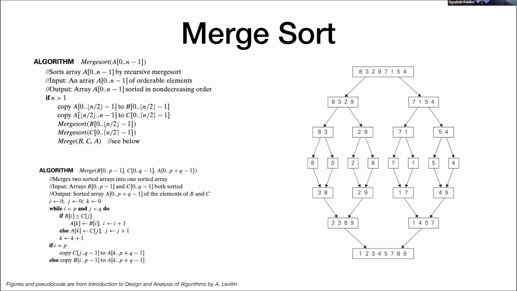Now we will see merge sort and quick sort, and these have time complexity of n log n. And n log n is the optimal time you can obtain with a comparison-based sorting algorithm.